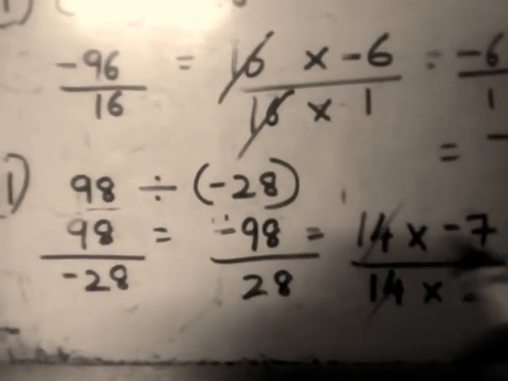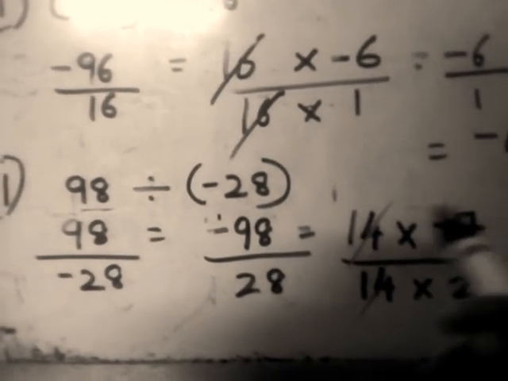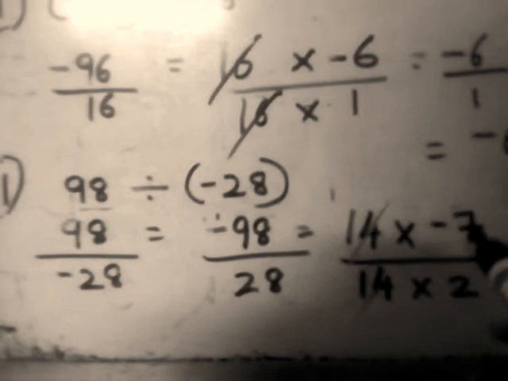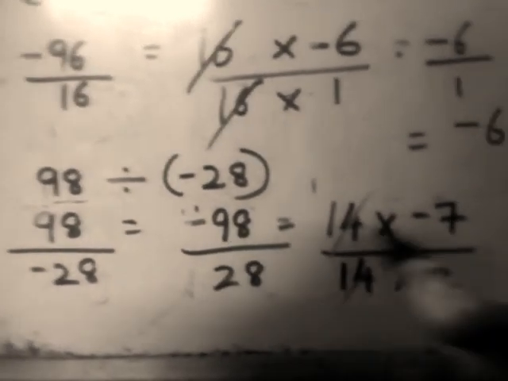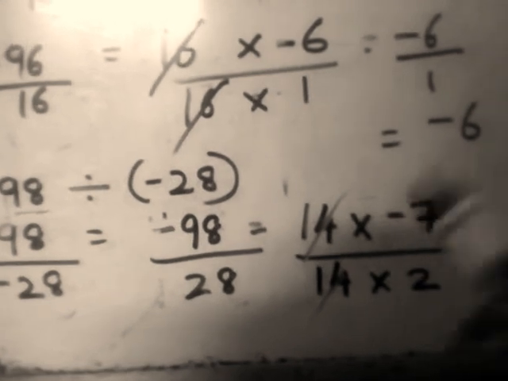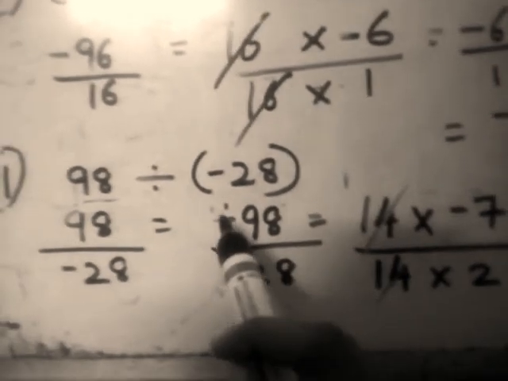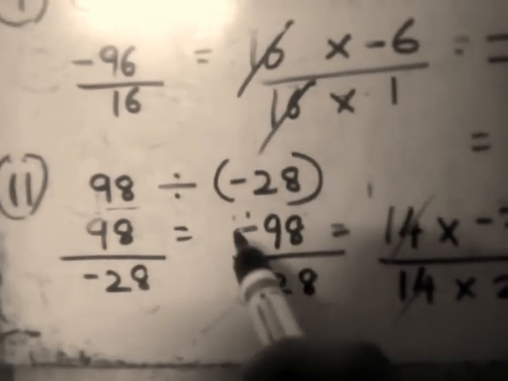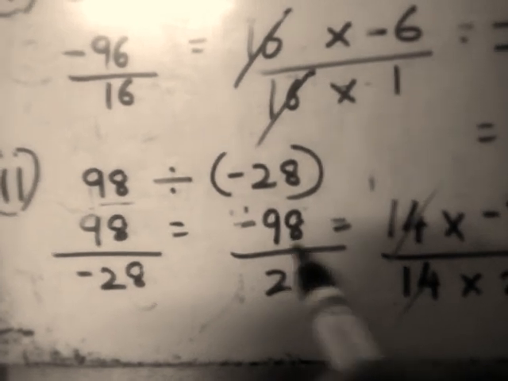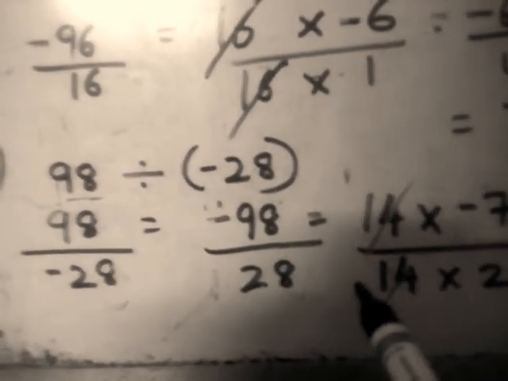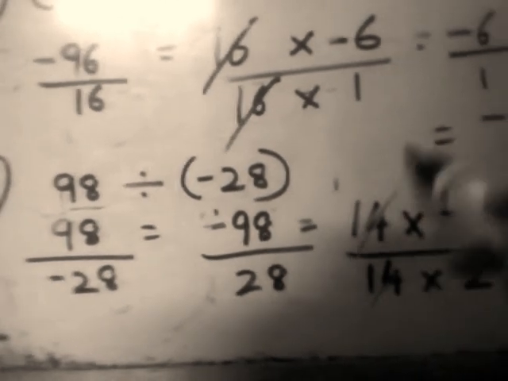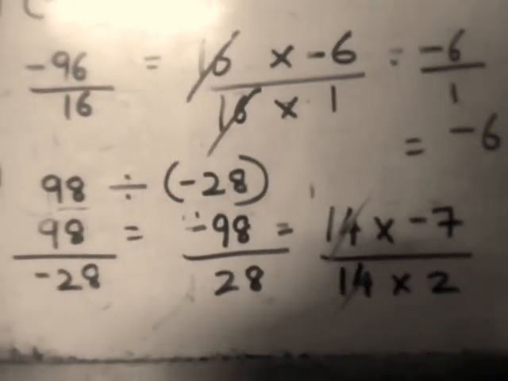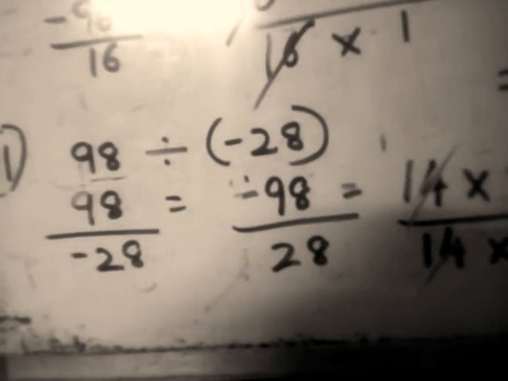Minus 98 is 14 into minus 7; one you take positive and the other negative, because plus into minus becomes minus, since the numerator is negative. In the denominator, write both positive numbers, 14 into 2. So 14 gets cancelled. 14 divided by 14 is 1. So your answer is minus 7 upon 2.